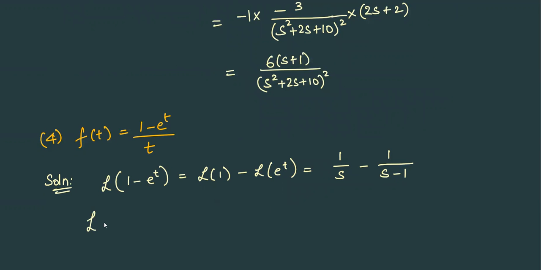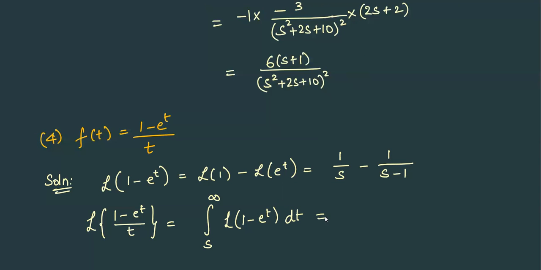Now, for the Laplace transform of division by t, this becomes the integral from s to infinity of the Laplace transform of 1 minus e power t, with respect to s.